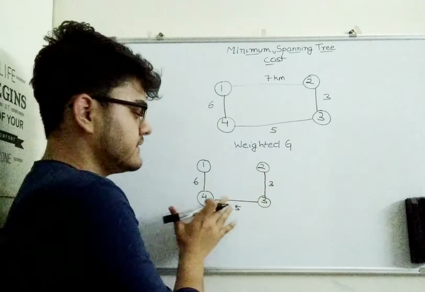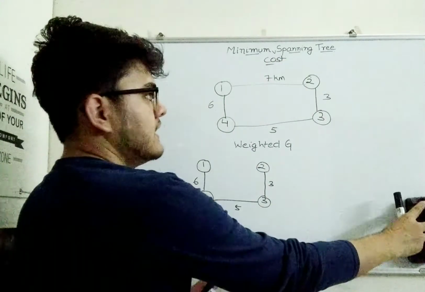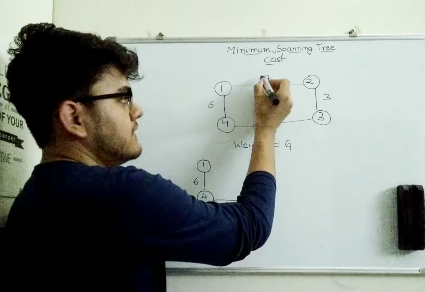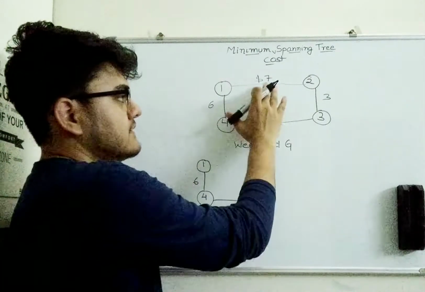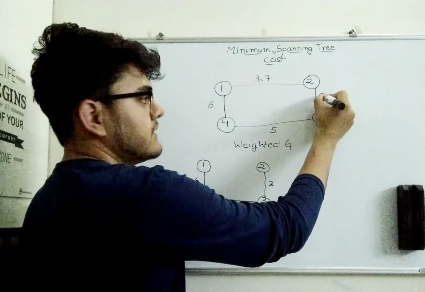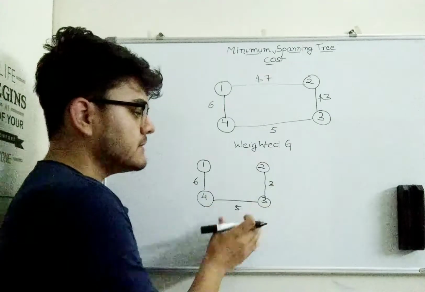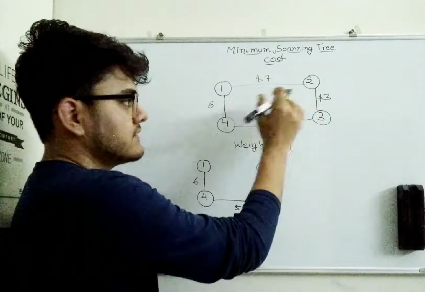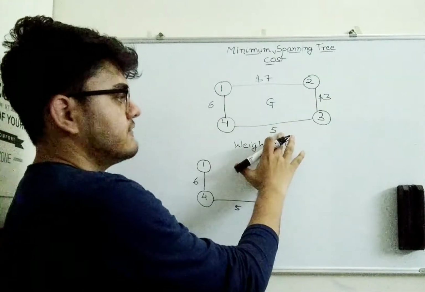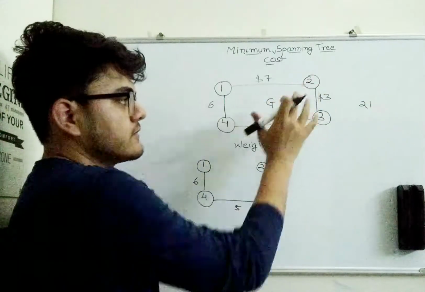If I calculate the cost of all these graphs, and since this is a minimum cost spanning tree, let's say it takes $7 to reach from location 1 to 2, and similarly $3 to reach from the second location to the third location. So what will be the total cost of this graph, which is graph G? It is 7 plus 3, 10, then 15, 6, 21. So 21 is the total cost of this graph.